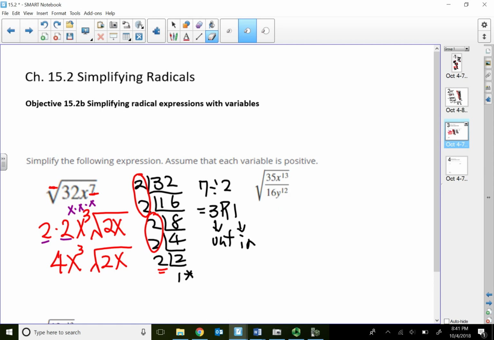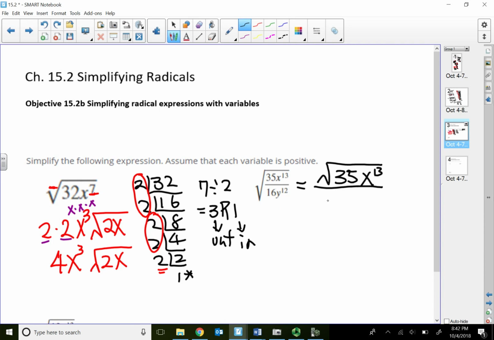Alrighty. Now this is an interesting problem because I can actually split it up into the division. Like we mentioned before, we can split them up into two parts. If you're quick with this, I'm going to write a couple steps here. Initially, it will look something like this once we split them. But if you think about it, the square root of 16 is going to be 4, right?